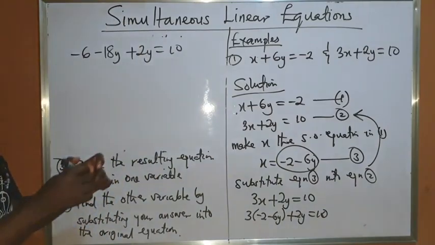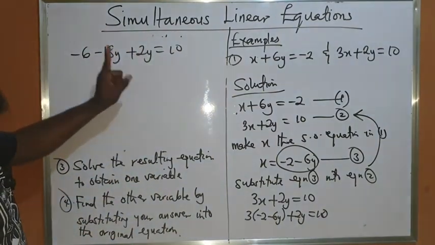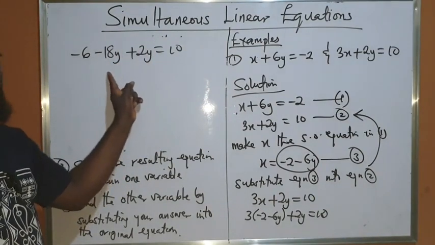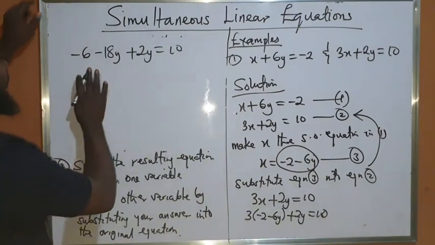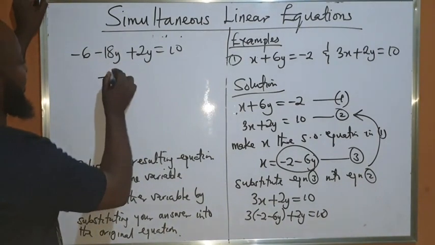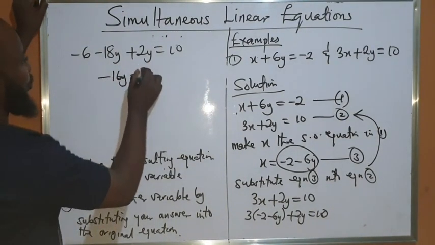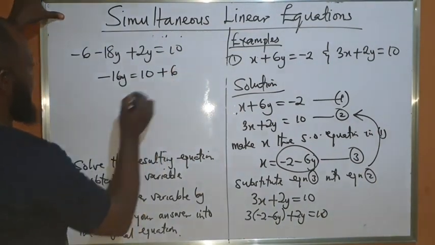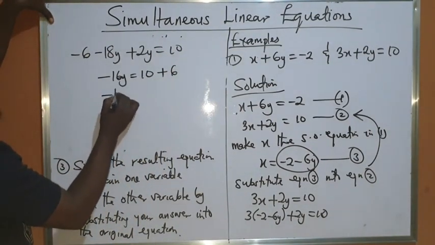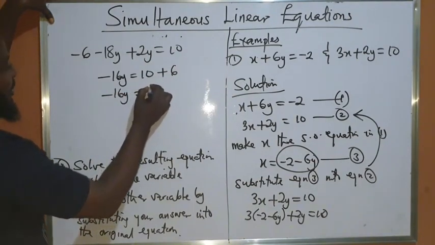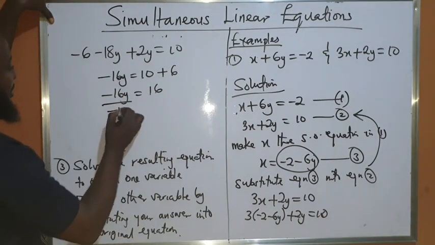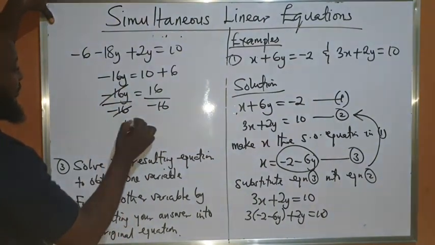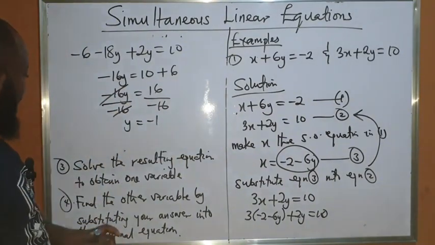You will notice that we only have one unknown now; it has led to a linear equation. So we have minus 16y equals 10. The 6 goes to the other side as plus 6, so minus 16y equals 16. Divide both sides by minus 16, so this cancels this. Therefore y equals minus 1.